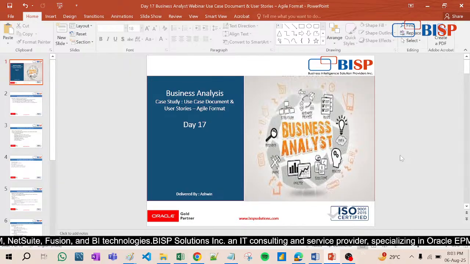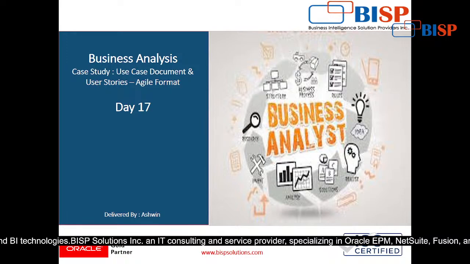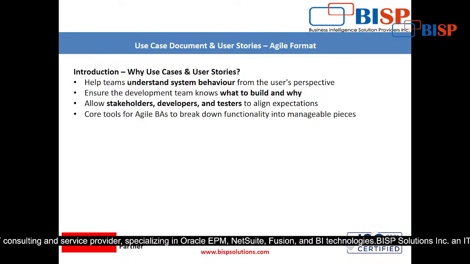Okay, now in today's Day 17, we are going to see the use case document and user stories. Now I have communicated with the client, and the BRD is prepared, FRD is also prepared, everything is fine.